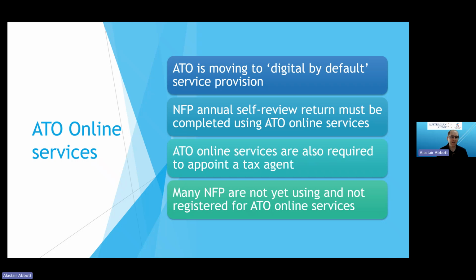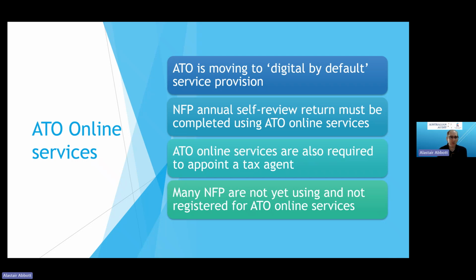So in creating this NFP annual self-return, they've essentially designed it so that it almost only can be done using their online services. They haven't provided a paper-based copy. You can't go onto the website and download a PDF and fill it in and post it to the ATO.